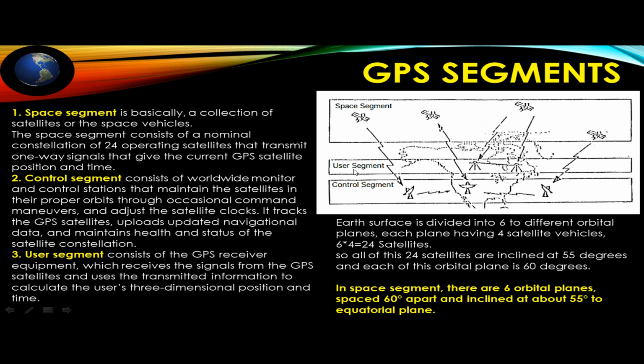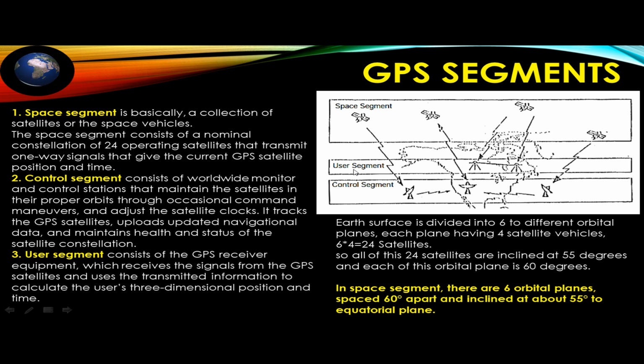Now, the user segment consists of GPS receiver equipment, which receives the signal from the GPS satellites and uses the transmitted information to calculate the user's 3D position and the time. If I want to locate any point on the globe, we need latitude and longitude.